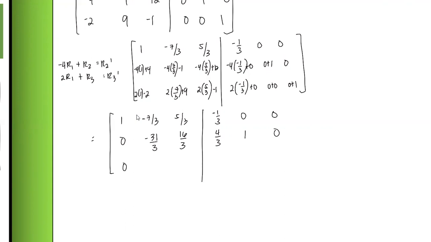Then 2 minus 2, 0, plus 2 times negative 7/3, so 13 over 3. 2 times 5 over 3 minus 1. We have 7 over 3. And 2 times negative 1/3. That is negative 2/3. And 0, 1. Okay? So ito yung new equation natin.